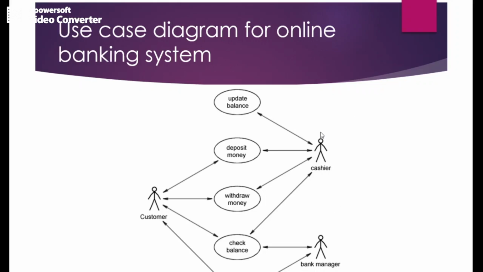So this is just a use case diagram for banking system, not the online one. So we will just see here, we have three actors: one is the customer, another one is the cashier, and third one is the bank manager.